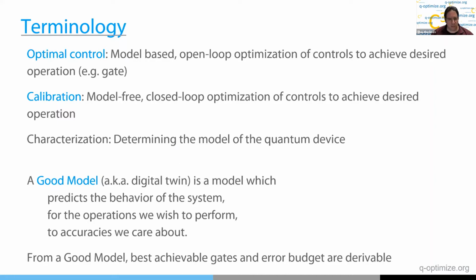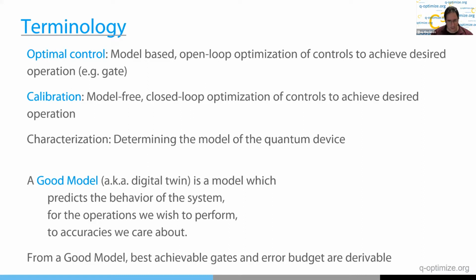The last two lines are really important, because you can say that you have a good model of a system because it's right for all the signals you can generate with your waveform generator and for, let's say, 0.9999, like four or five nines. So it's an achievable goal to get a good model. And if you have a good model, then from it you can derive, using optimal control, the best possible gates. You can do error budget. You can do all kinds of stuff.